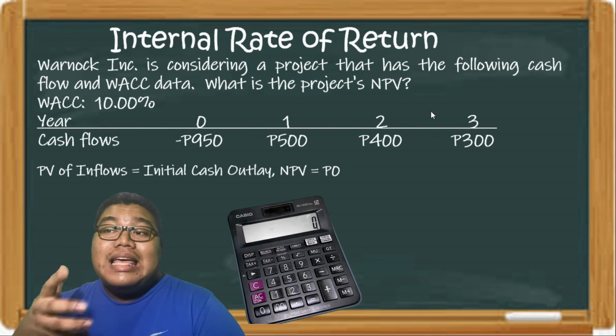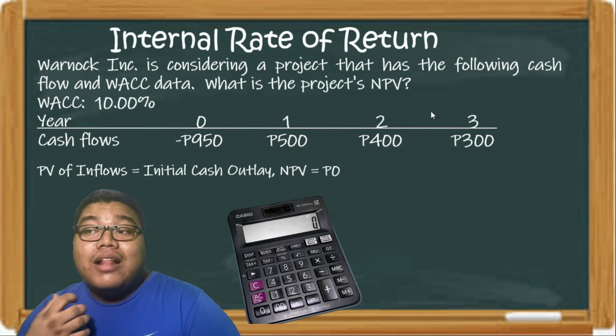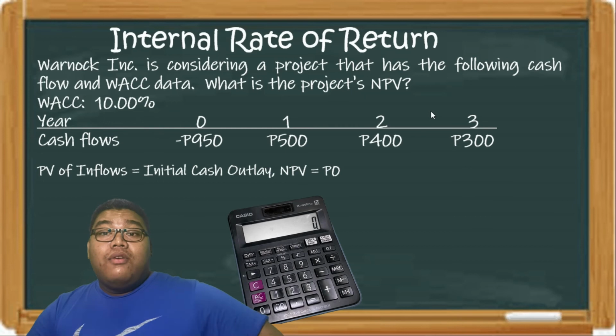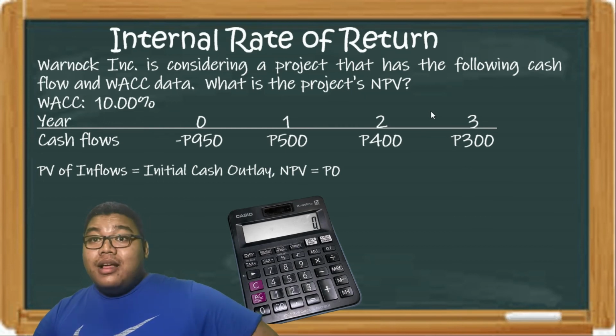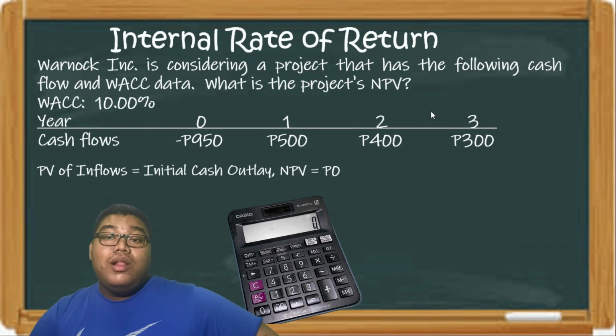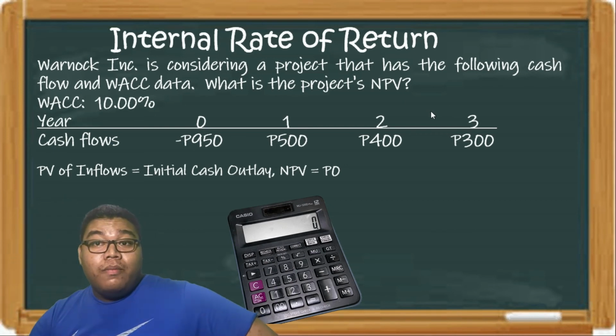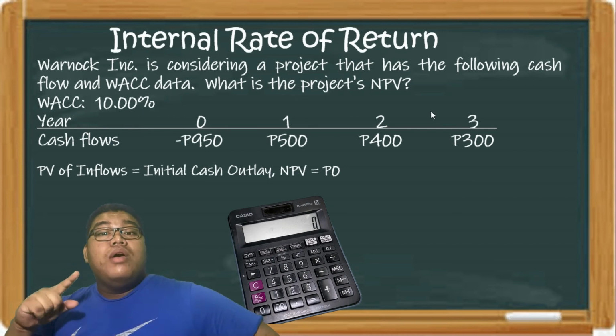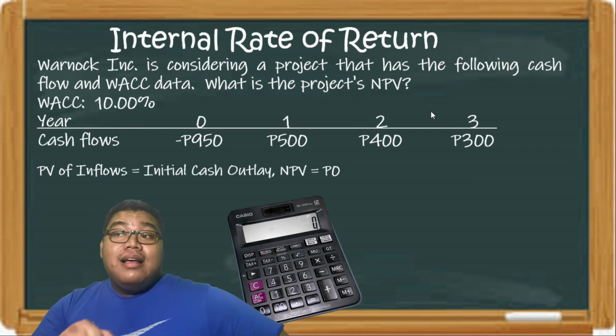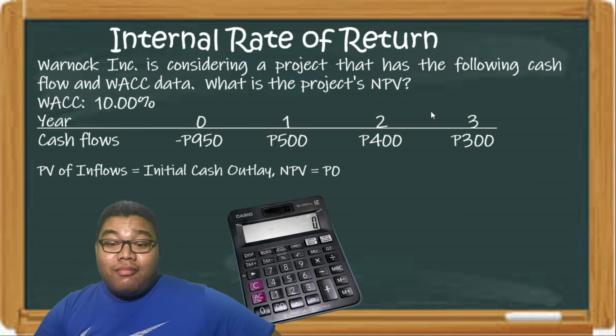So the higher the cost of capital that we will use for discounting the returns, the lower the present value that we will compute. Therefore, if we have a positive NPV and our goal is to put it closer to 0, most probably we need to start at a percentage that is greater than 10%.